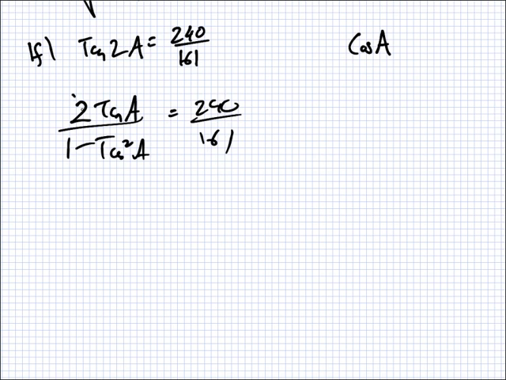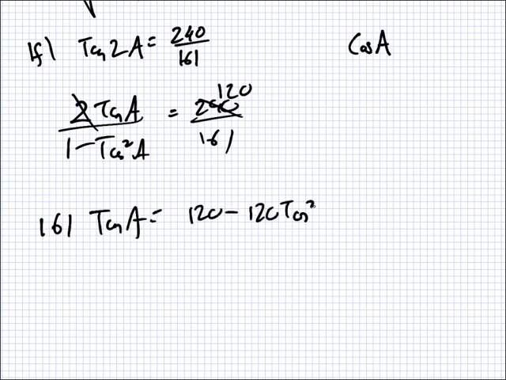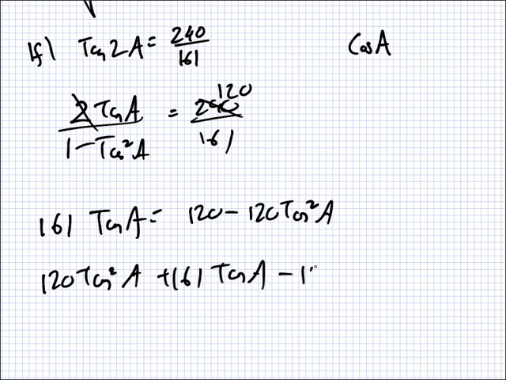Cancel, cancel, make that 120. So you have 161 tan A is 120 minus 120 tan squared A. Yes. 120 tan squared A plus 161 tan A minus 120 equals 0.